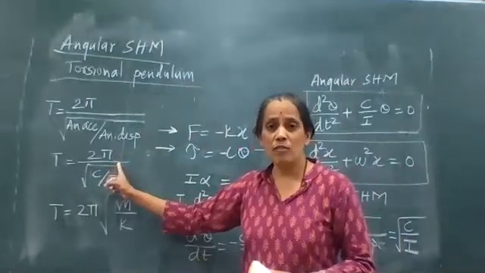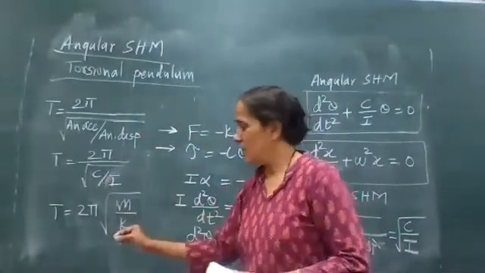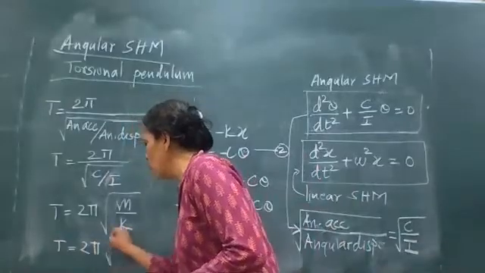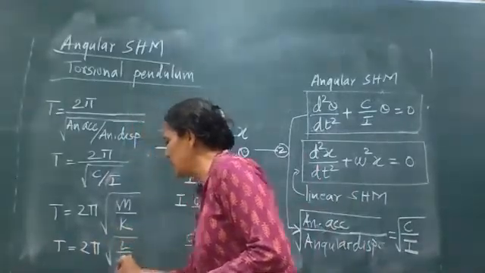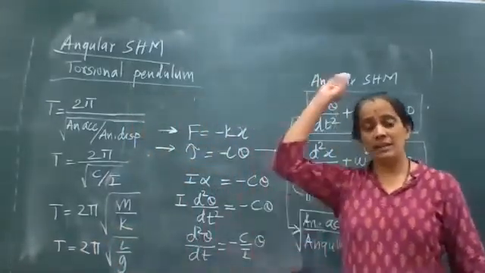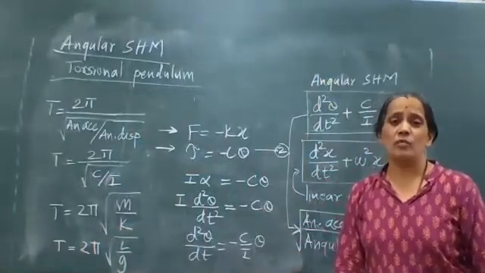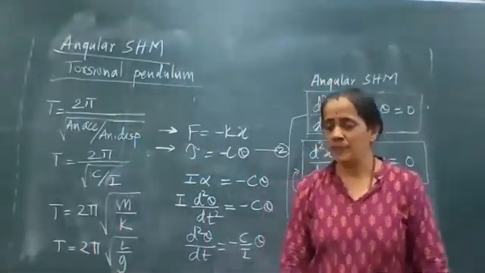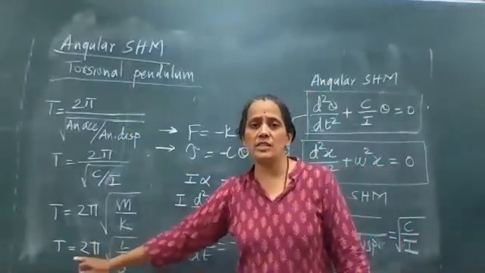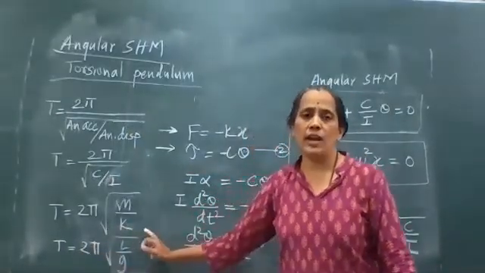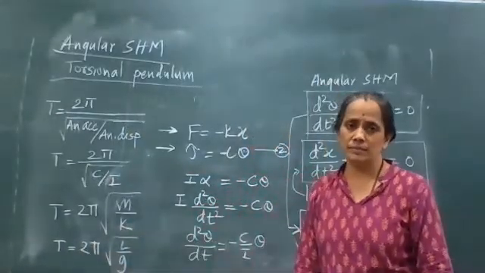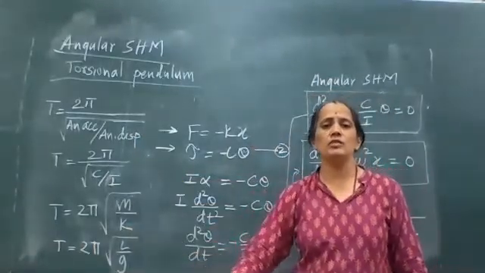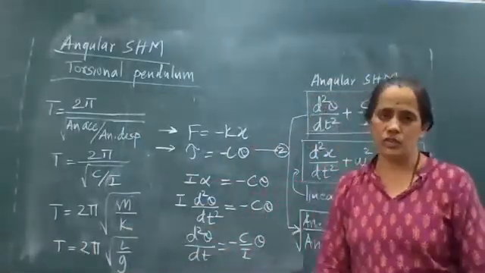This is the period of angular oscillation. And also we have seen the period of the simple pendulum, 2 pi under root of L by g. And in the previous rotational dynamics, we have seen the period of the conical pendulum, T is equal to 2 pi under root of L cos theta upon g. So these are the period formulas which you have seen.